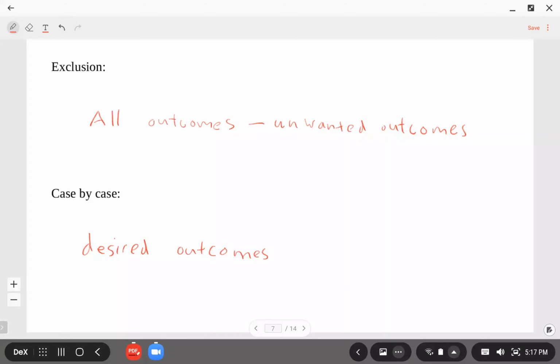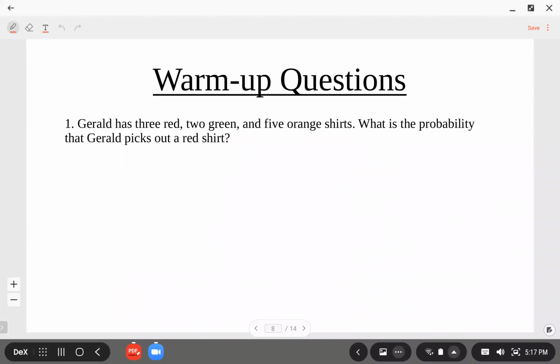Okay, so now we will do our warm-up question. Gerald has 3 red, 2 green, and 5 orange shirts. What is the probability that Gerald picks out a red shirt?